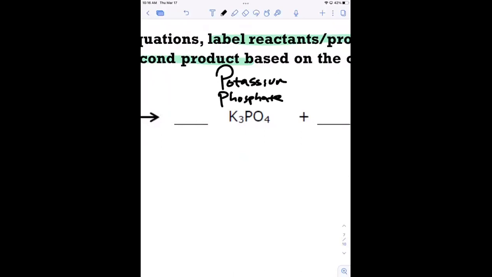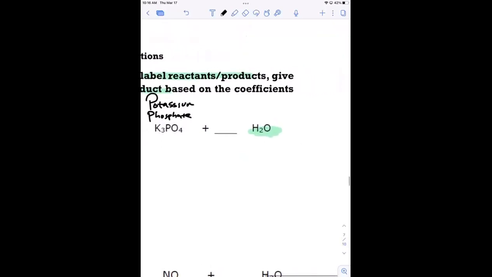Again, you never get away from naming and nomenclature. It's always going to be a part of the process because that's the language. That's how we speak the language. And this is water.